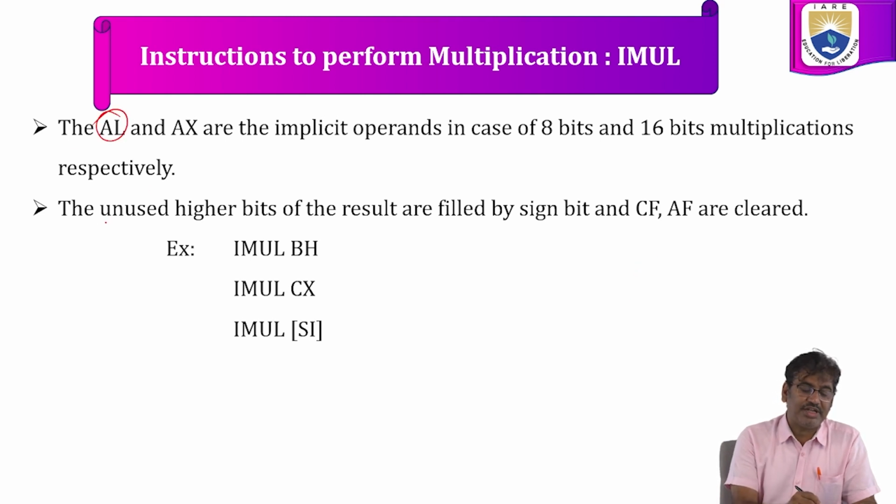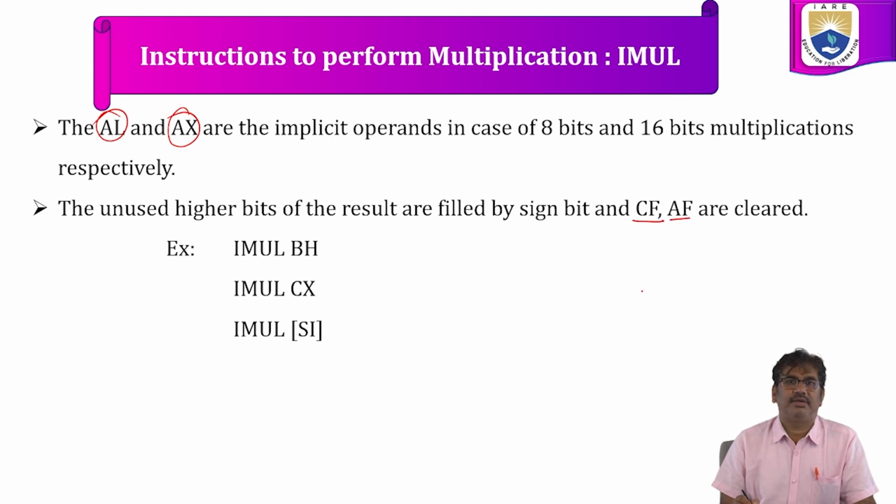For 8-bit multiplication AL, and for 16-bit multiplication AX register, are the implicit operands respectively. The unused higher order bits of the result are filled with sign bits, and the carry flag and auxiliary flag are cleared.